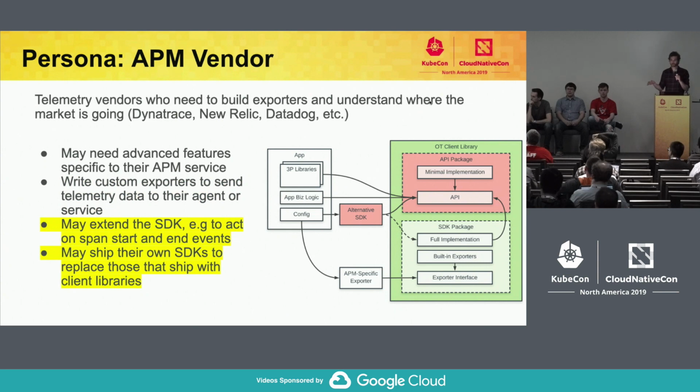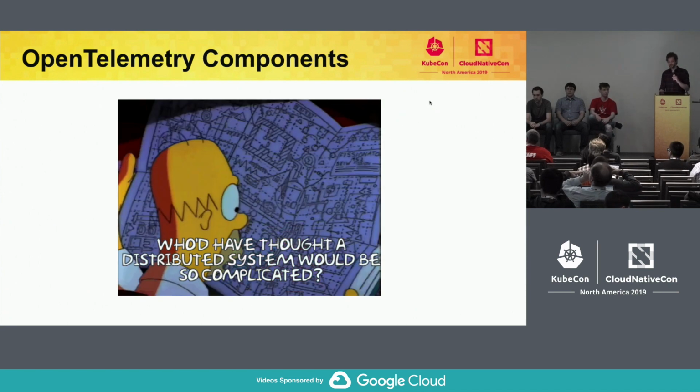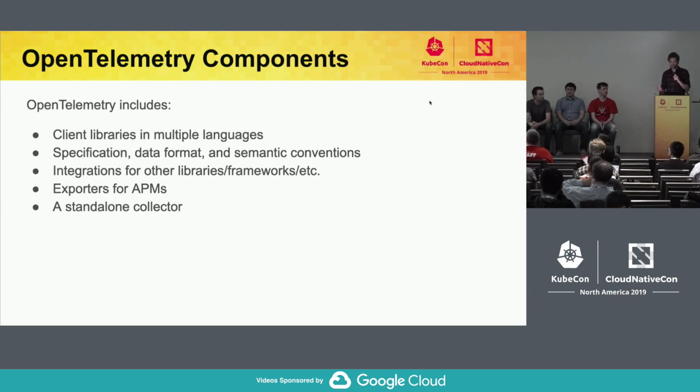Now, this is if you need to make some invasive changes, if you want to have actions that happen as spans start and end, or you might do both of these things and basically just use the minimal implementation of context propagation and the set of interfaces in the API. So, those are the three personas that might use the library and why they might use them.